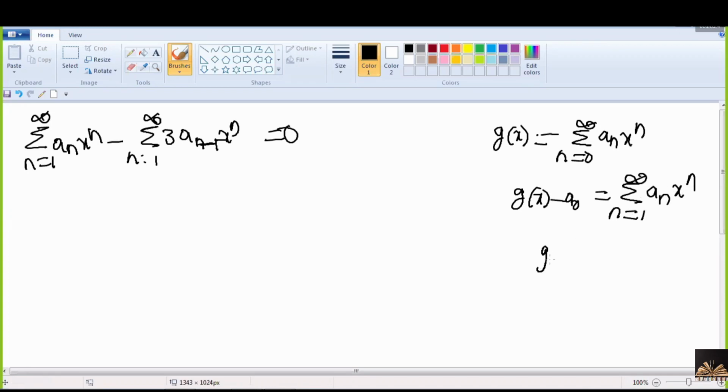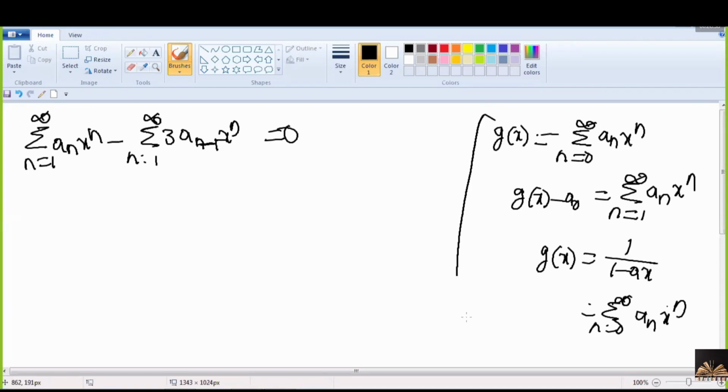And one more form is g(x) equal to 1 by 1 minus ax if it is from 0 to infinity. So remember all this. Now when you observe the first term here, it is in the form of this. So I can replace this first term with g(x) minus a_0.